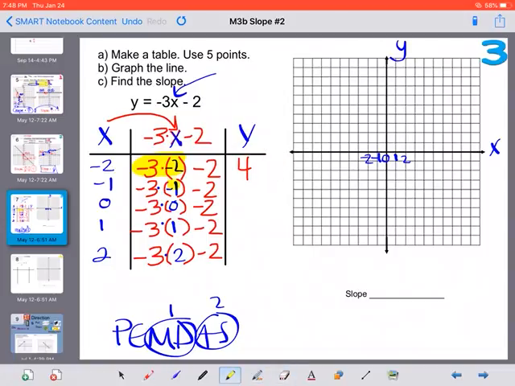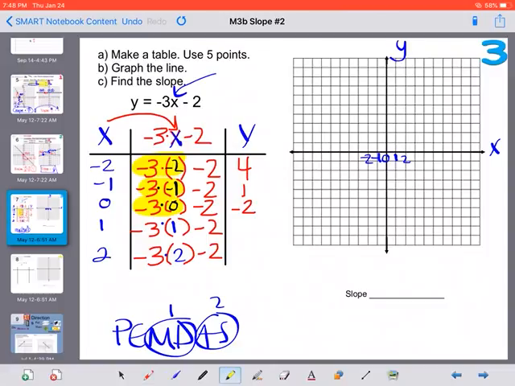Then, multiplying first, -3 times -1 makes a +3. 3 minus 2 is 1. And then in the middle here, anything times 0 is 0. 0 minus 2 is -2. If you notice, we're going down by 3 each time, so you could maybe predict our next number.